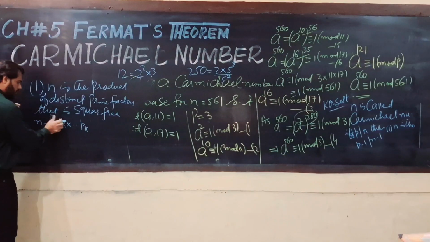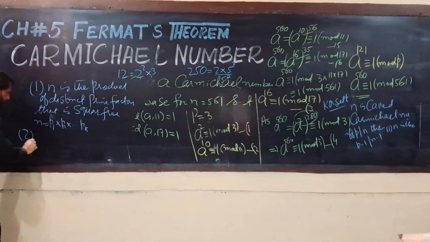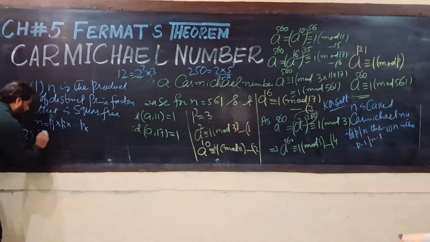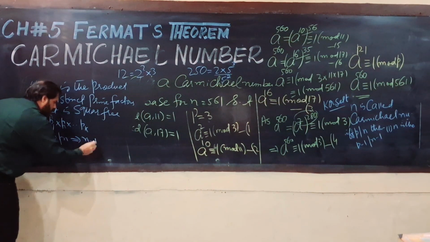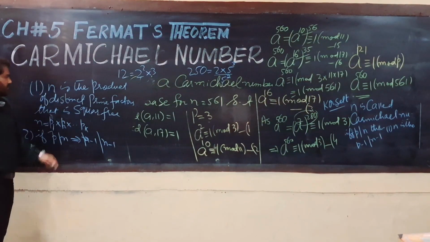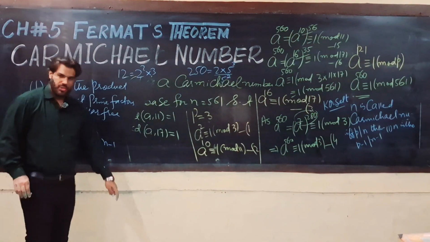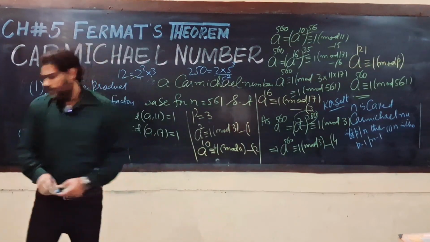The second condition is, if some prime p divides n, then p minus 1 divides n minus 1. If some number satisfies these two conditions, then that number will always be a Carmichael number for any base.